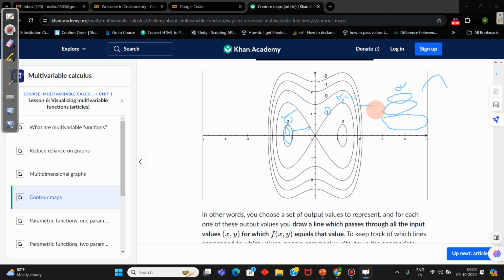But how steep is the surface? The steepness of the surface is judged by the distance between these two curves. As we move from 1 to 0, the space is lower.